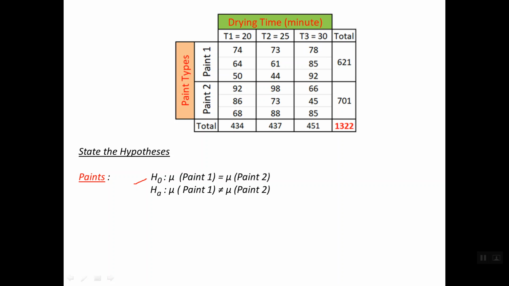Or let's say mu for paint 1 is the same as mu for paint 2. So this is the first null hypothesis for the first main factor. Regarding the alternative hypothesis, it states that the mean for the 2 paints is not the same.